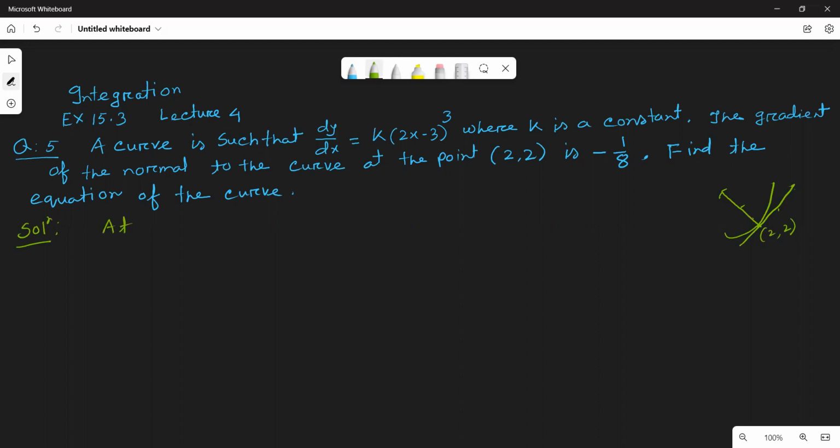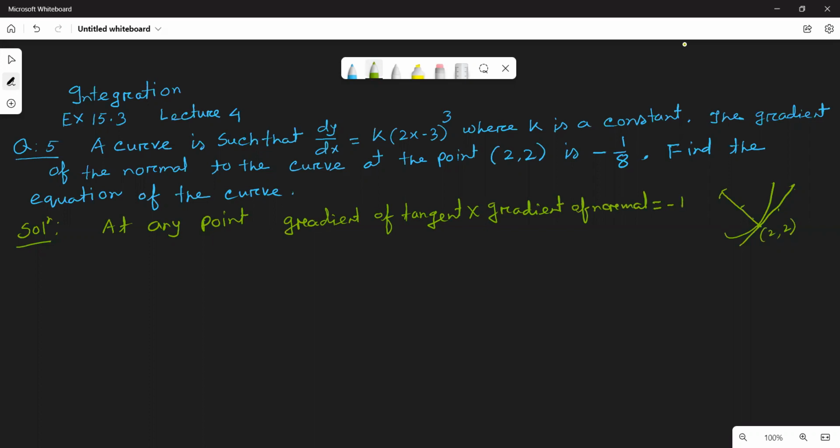At any point, gradient of tangent multiplied by gradient of normal equals minus 1.